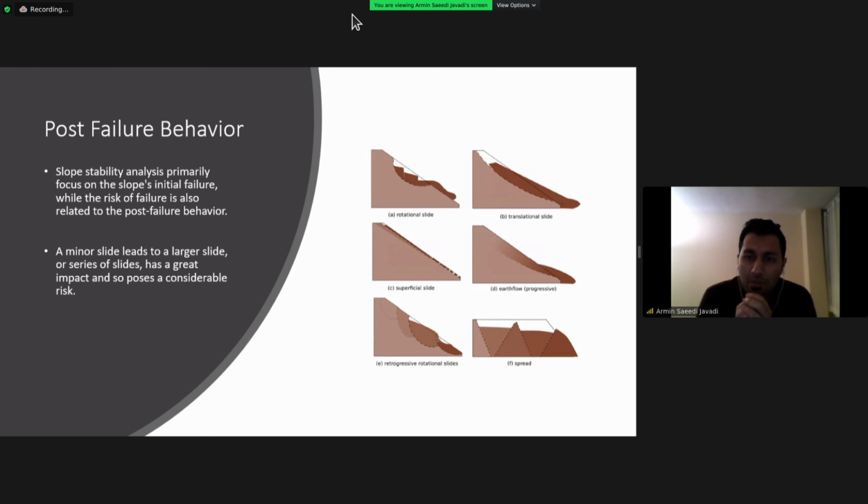For example, you can see different modes of failure here. As you can see, we can have a large mass triggered by the slope failure, or a small amount of mass triggered by the slope failure. But when we have a large mass, it poses a considerable risk to the buildings and people's lives around this slope. Therefore, we need to model that.